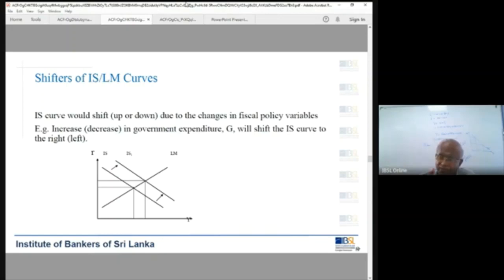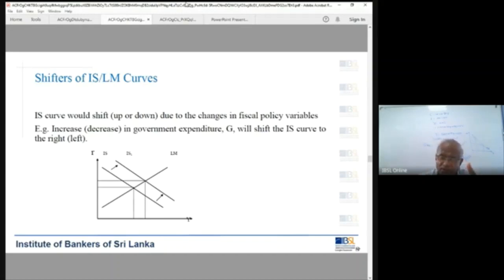If the government decides to cut some of the expected investment programs, then the IS curve shifts down. Of course, the government can cut current expenditure in the budget. They can't cut the salaries and wages of government employees. You have to pay them monthly.